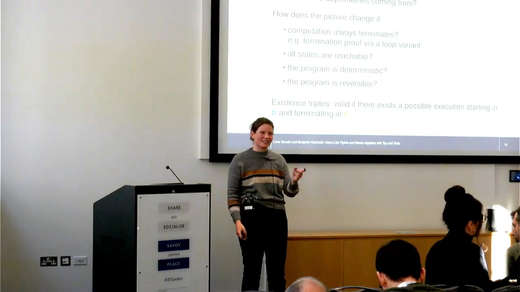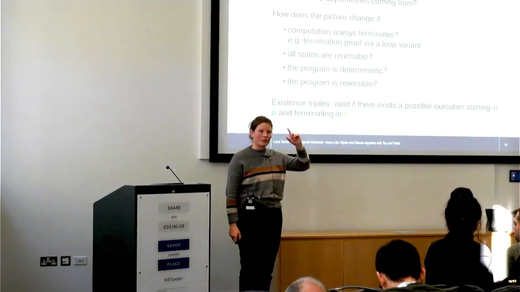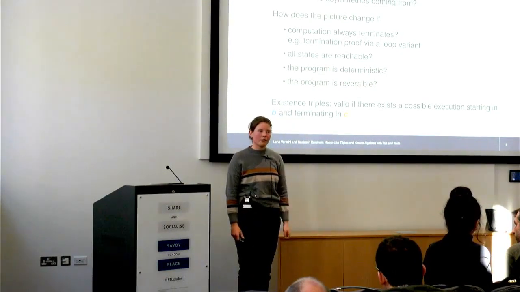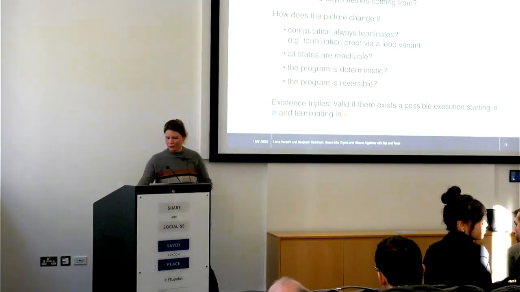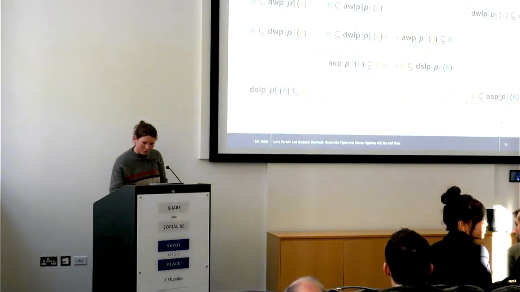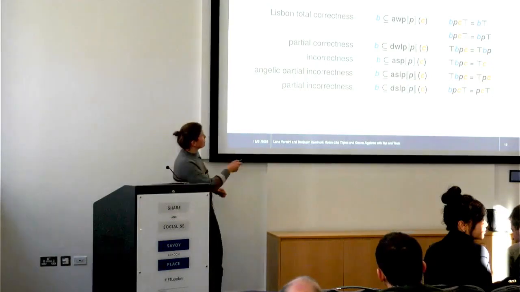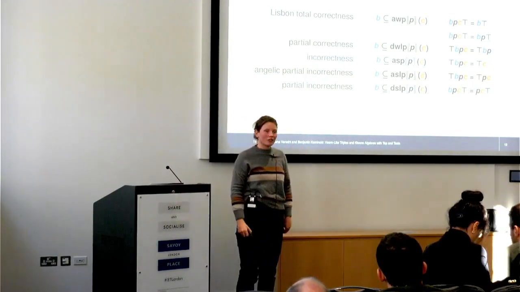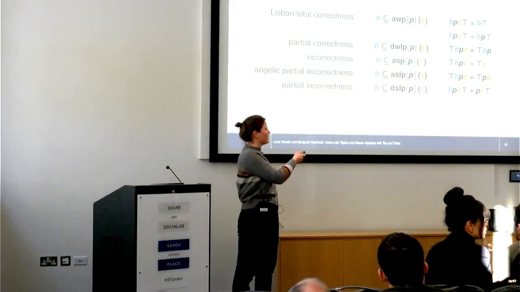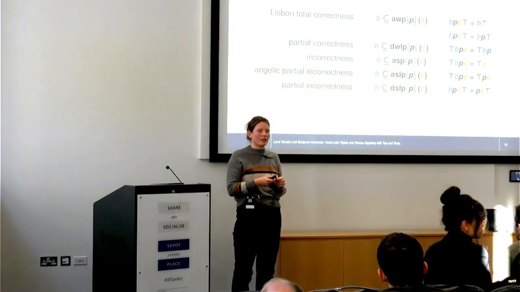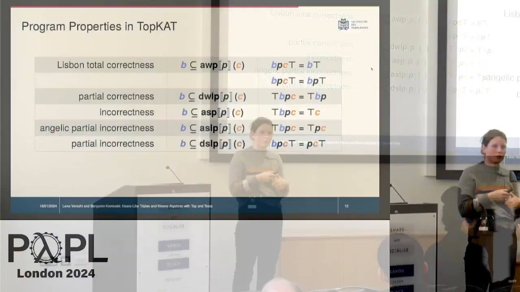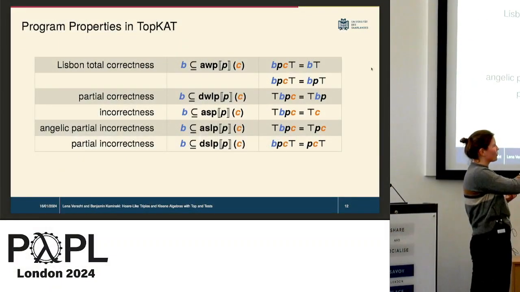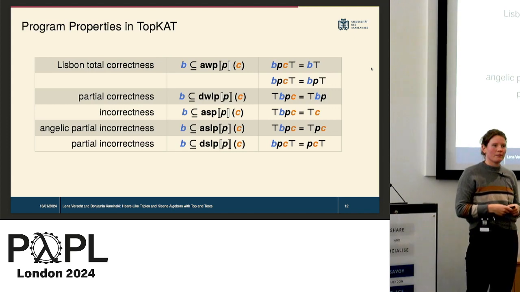So I think this is the main point why these Kleene algebra equations are not completely symmetric. Let me show you. This equation here is something like angelic partial correctness, but it says something like from all initial states, computation either always diverges or reaches, or there is a path to the postcondition, which is not exactly angelic partial correctness, but I think that's the reason.